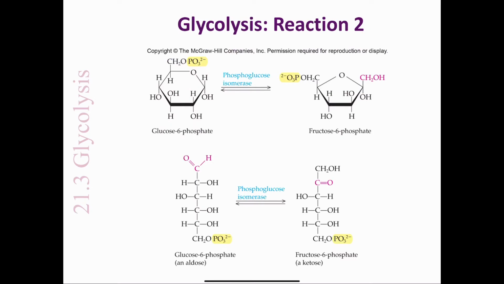So carbon 1 in the G6P molecule is a secondary alcohol. Here's the hydroxyl. But when it isomerizes to give you F6P, or fructose 6-phosphate, you can see that this carbon is this one here. And now we have a primary alcohol, which is going to be more exposed.